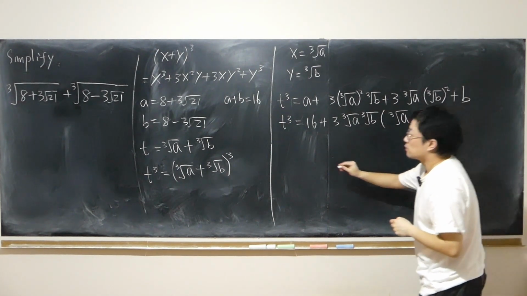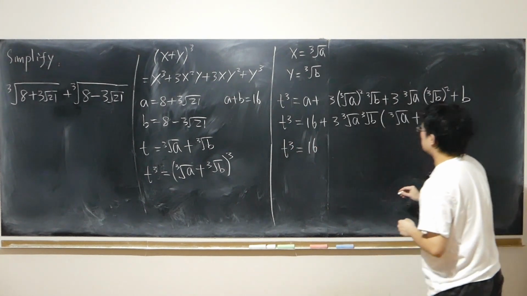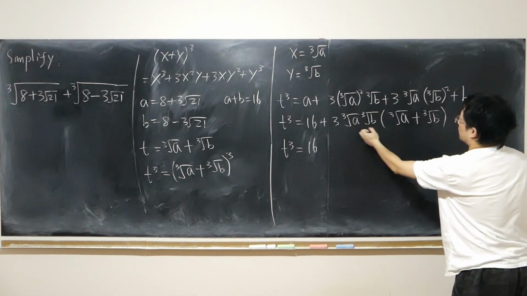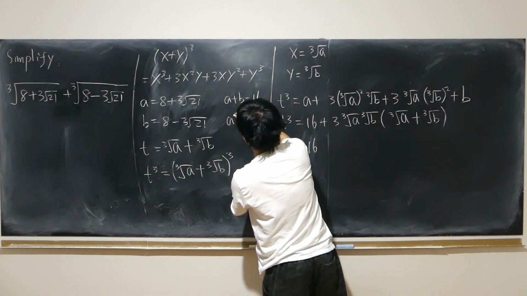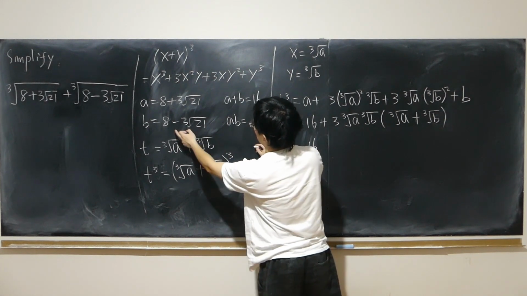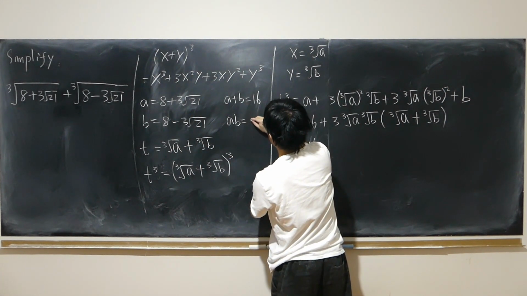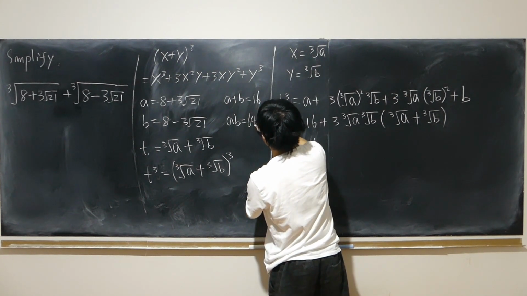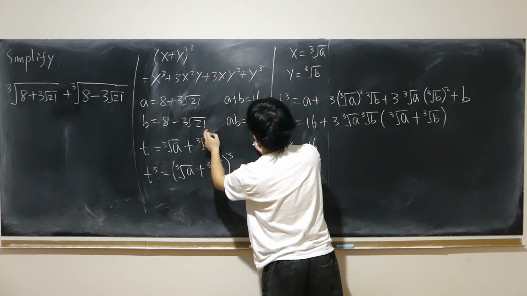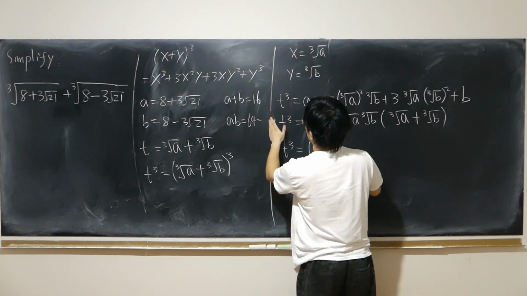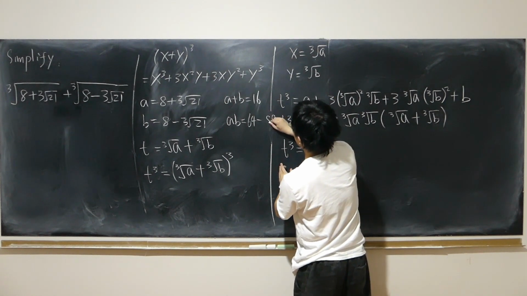So that way I can see t cubed equals 16. So like I said, a times b, the conjugate. So 64 minus, 9 times 21 is what? 9 times 21, 189.